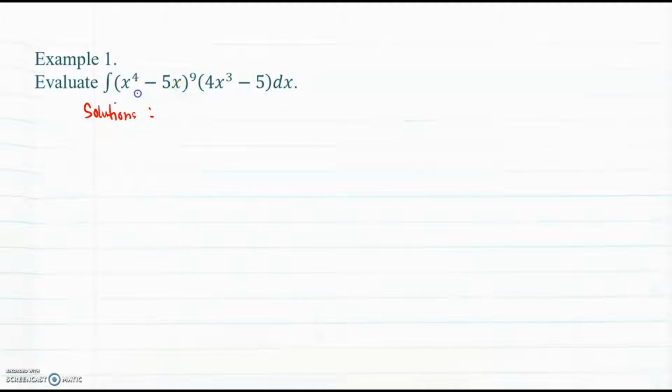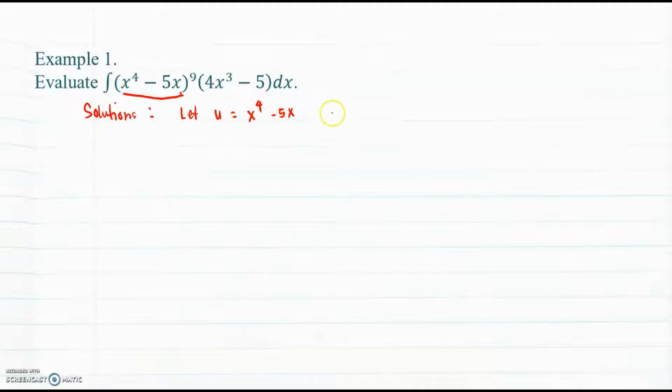If we let the function x to the 4 minus 5x as u, then we will get the derivative of u as 4x cubed minus 5, which is also a part of our integral. So we let u be equal to x raised to 4 minus 5x.